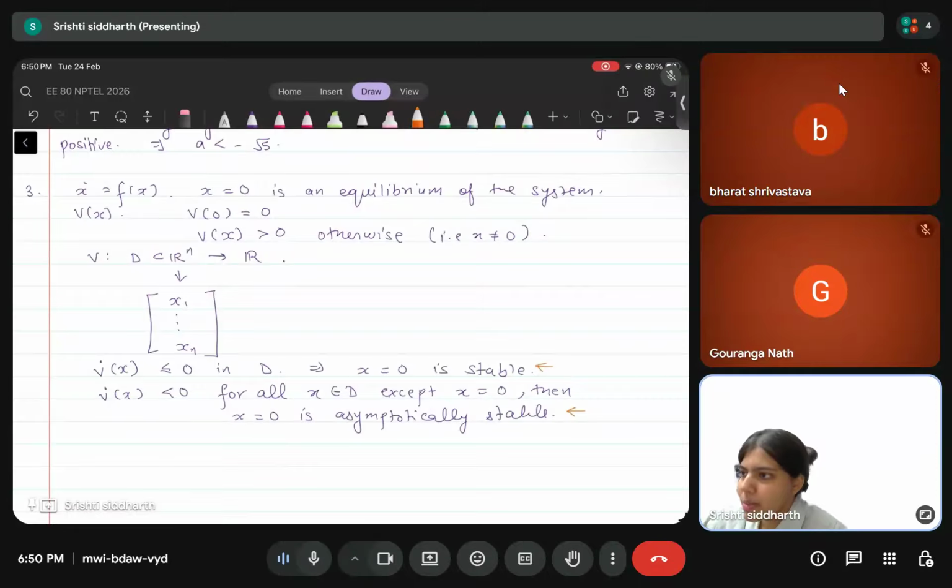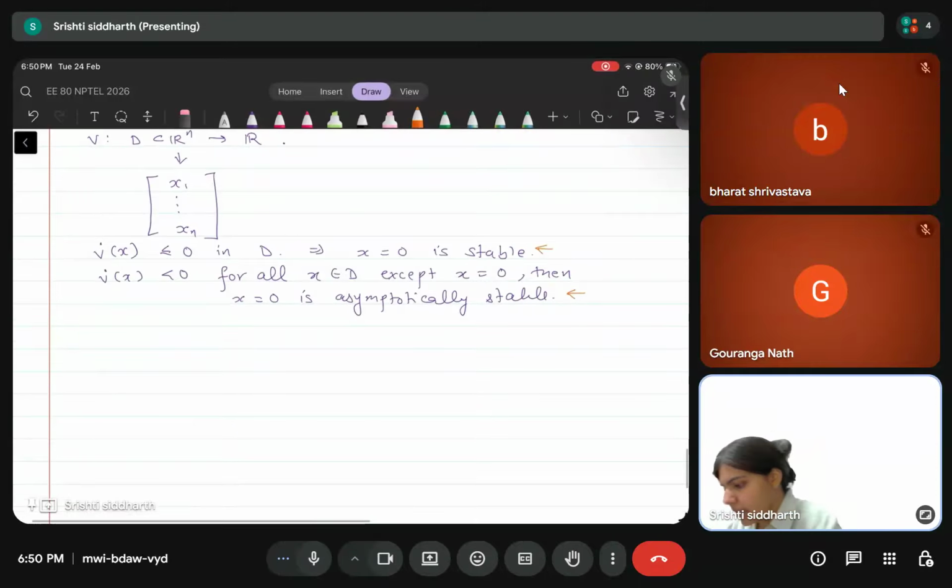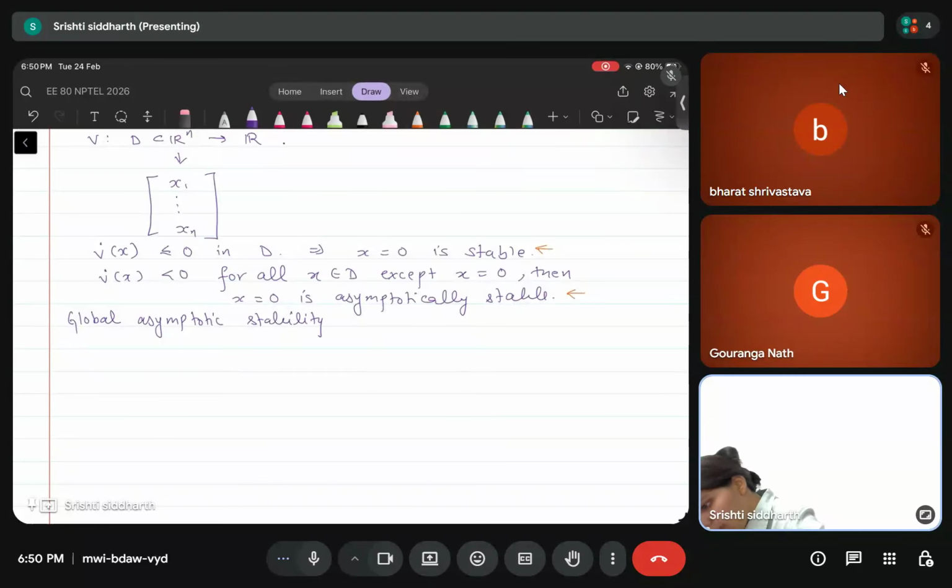And for global asymptotic stability, we have these conditions: V at 0 should be 0, V(x) should be greater than 0 for all non-zero x.